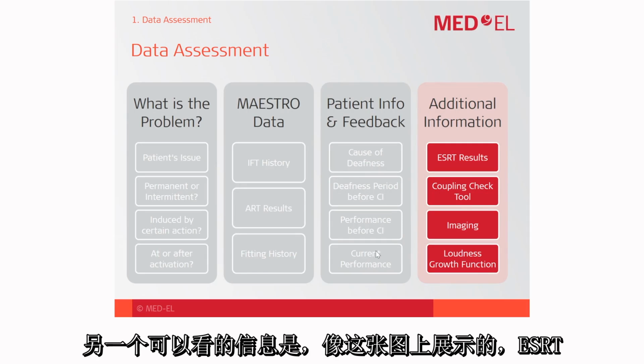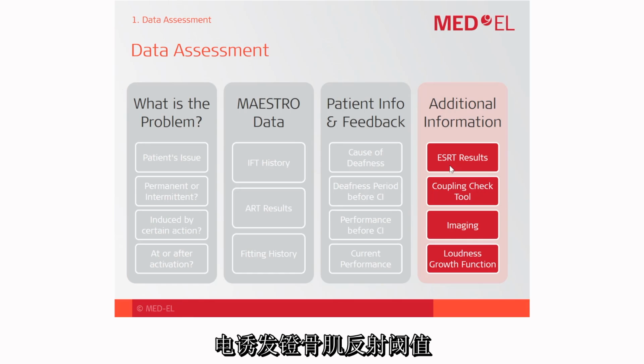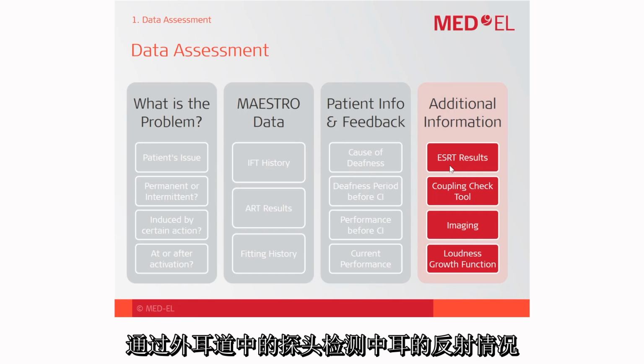Additional information we could use is, for example, here in this graph, ESRT. ESRT stands for electrically evoked stapedius reflex threshold. So we assess reflexes in the middle ear by using a measurement probe on the outer auditory canal.